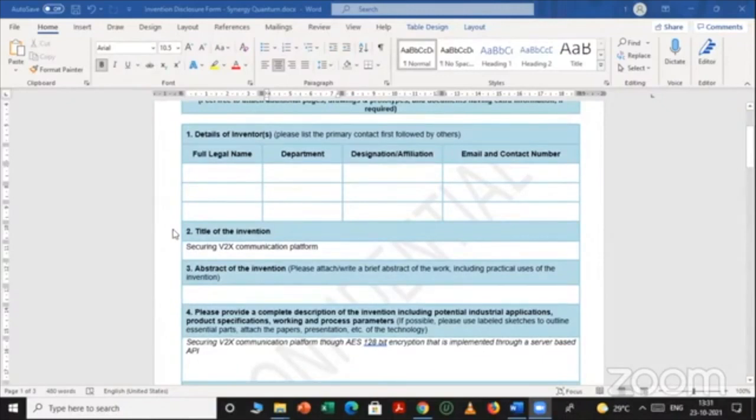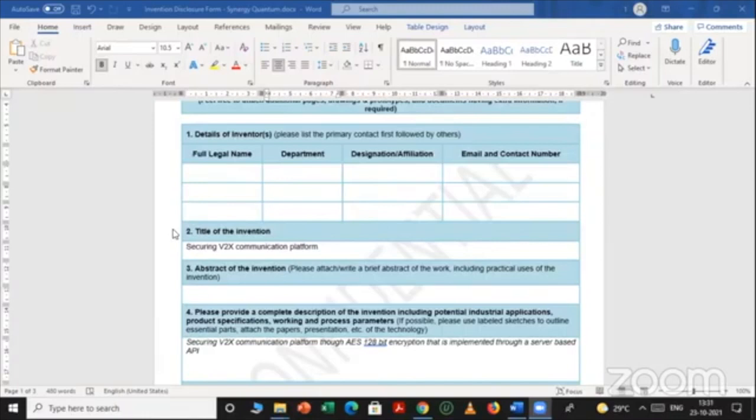Another section is the title of the invention. Considering you're already seasoned researchers, you know what this means. Just like any technical paper, IEEE or Nature paper, you have to describe the title of your invention. But here, the title should be central to the idea of the invention. It should not be vague when you are going to file a patent.